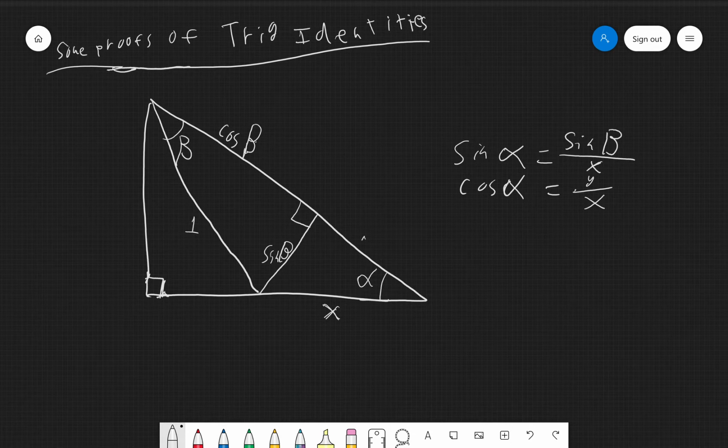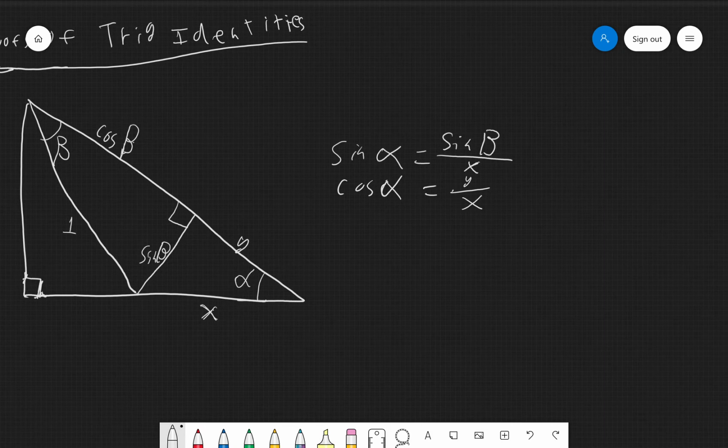That's what we're trying to find, so we'll put that as y. We can find an expression for x from the top one and substitute it into the bottom one. So we multiply by x on both sides of the first one and divide by sine of alpha. We're gonna get x is equal to sine of beta over the sine of alpha.